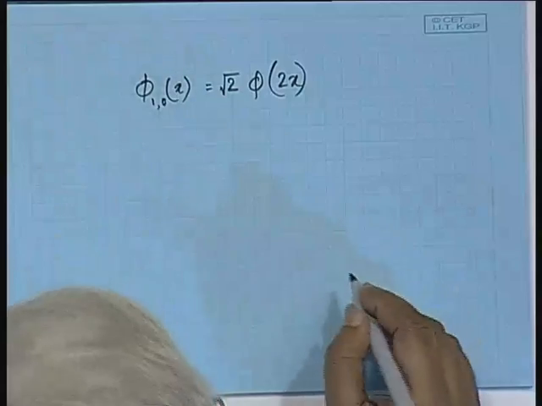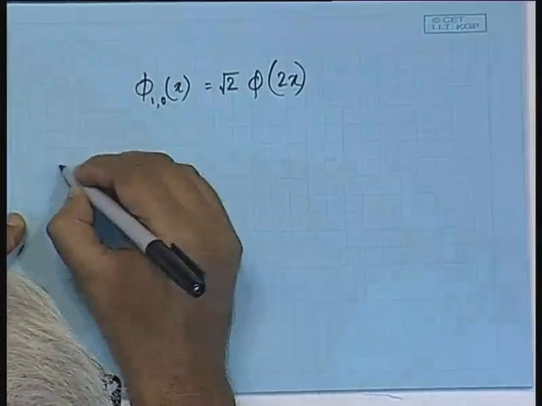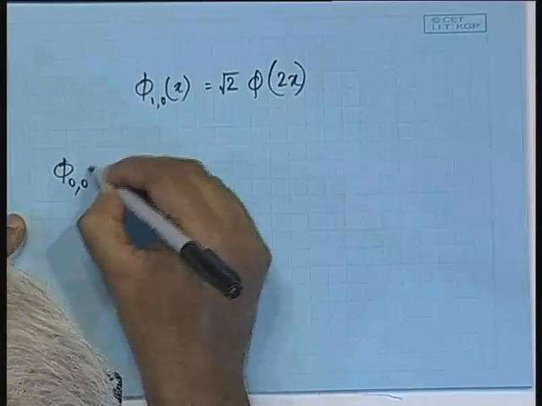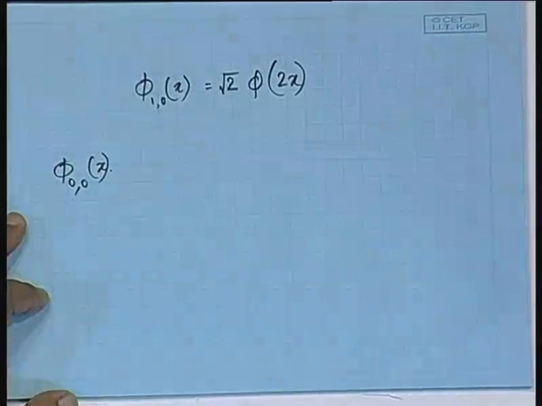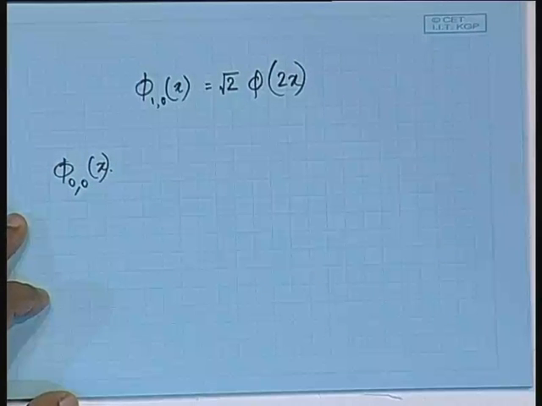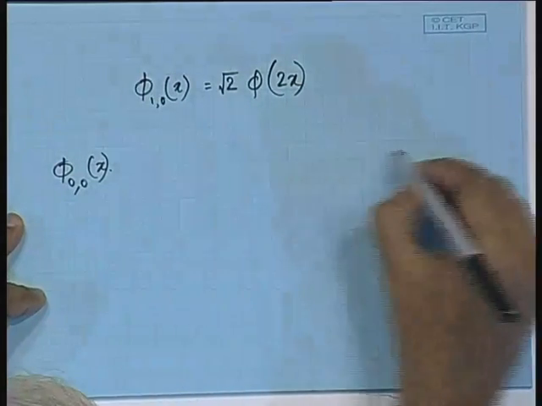Say that our phi 0 0 x is a function like this, let us define a function. In fact, it is a Haar function that we are defining.